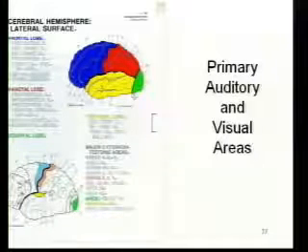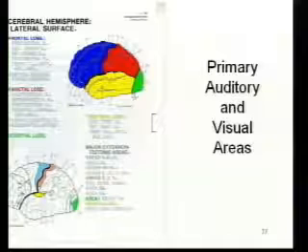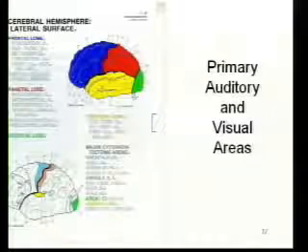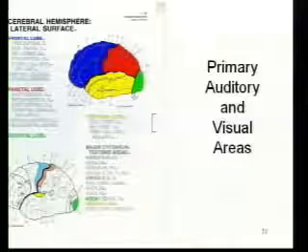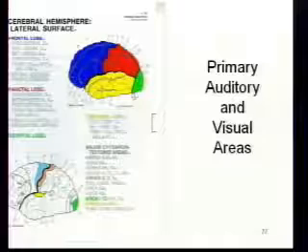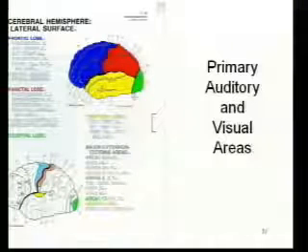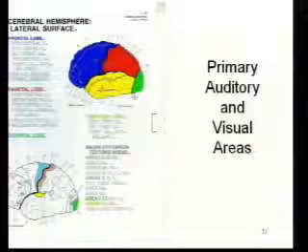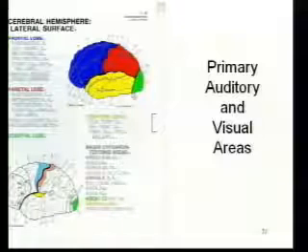Here in the temporal lobe, we have what's known as the primary auditory projection area, which receives auditory messages from the ears. And then finally, back here, we have the primary visual cortex, which receives sensory messages from the eyes.